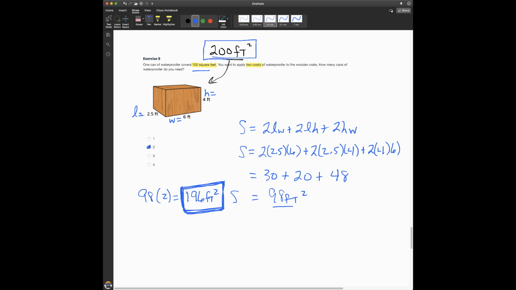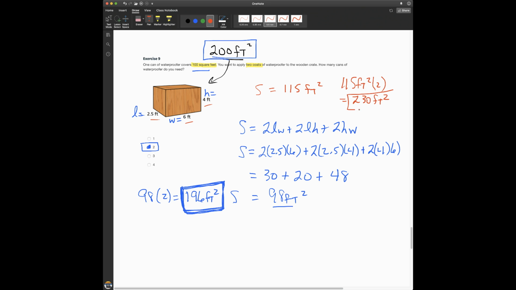On some of the problems, when you figure out the surface area, let's say, just for example, I had dimensions on here where my surface area, let's say it was, I don't know, 115 square feet. Okay, so 2 coats of waterproofer would need to cover 115 times 2, which would be 230.